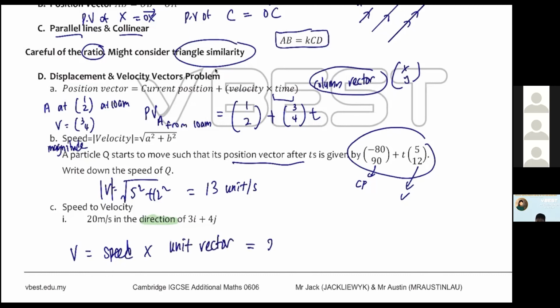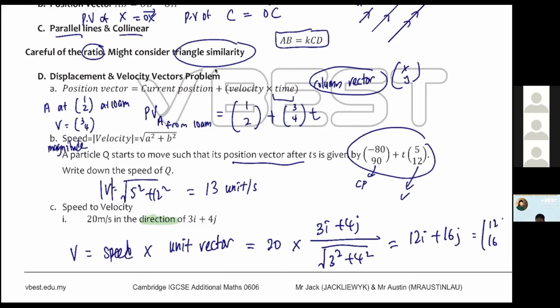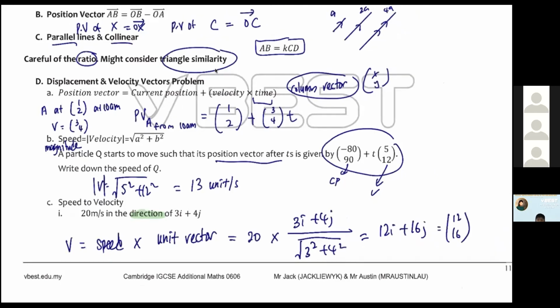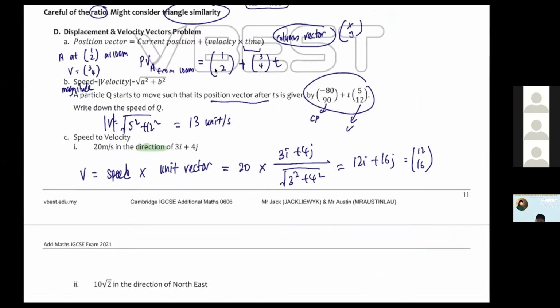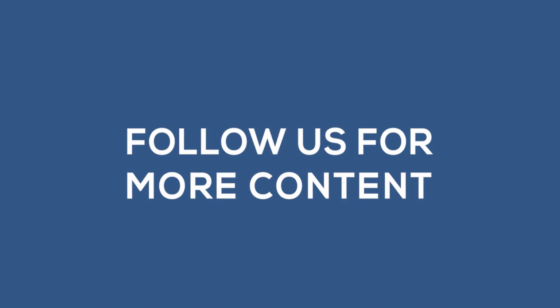So it will be 20 multiplied by (3i plus 4j) divided by square root 3 squared plus 4 squared. So your answer will be 12i plus 16j, or you can write 12 and 16 as your v also. This is very easy, the unit vector. I think they usually come out with this one.